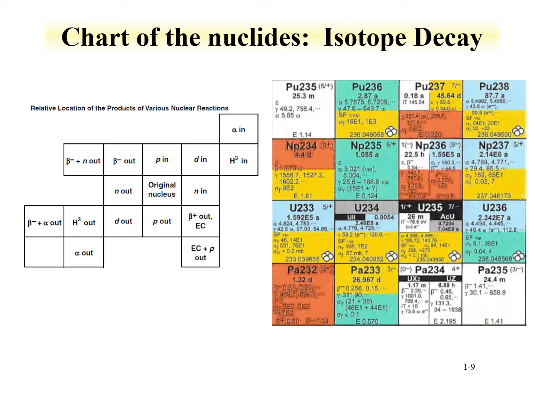So let's take a look at an example of the area of the chart of the nuclides. If we look at something like plutonium-235, this symbol here is electron capture. So plutonium-235 decays, if I follow here, goes this way, and it decays to neptunium-235.